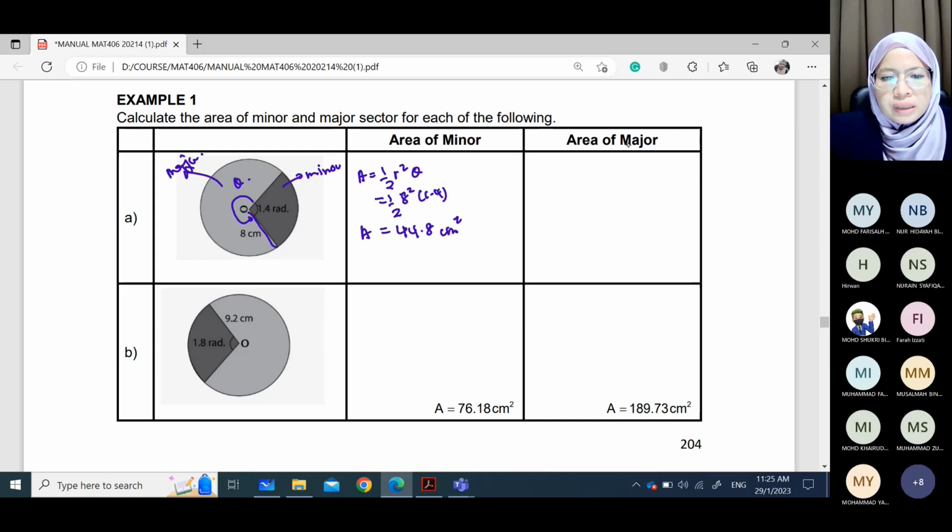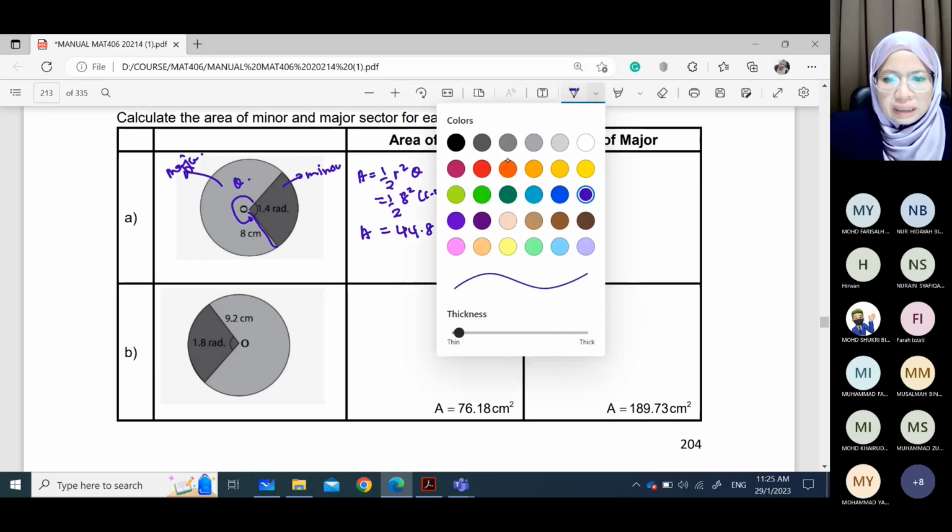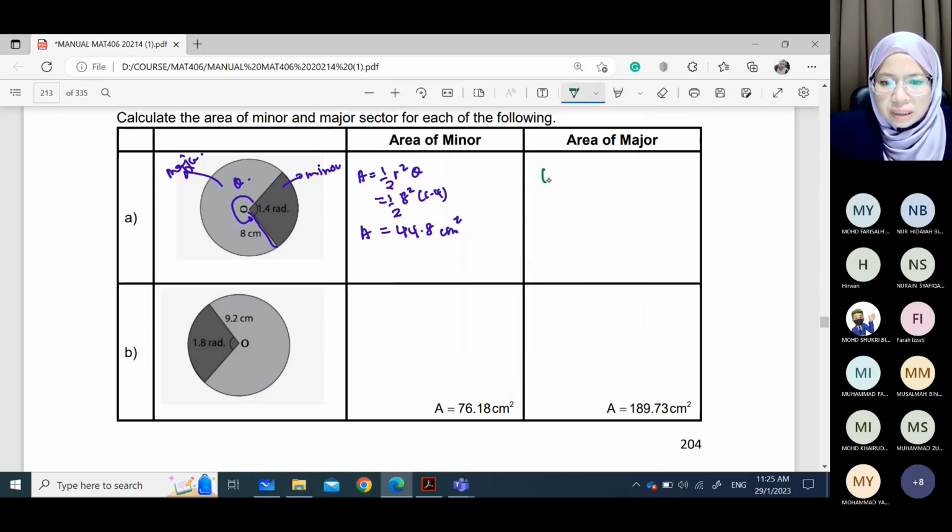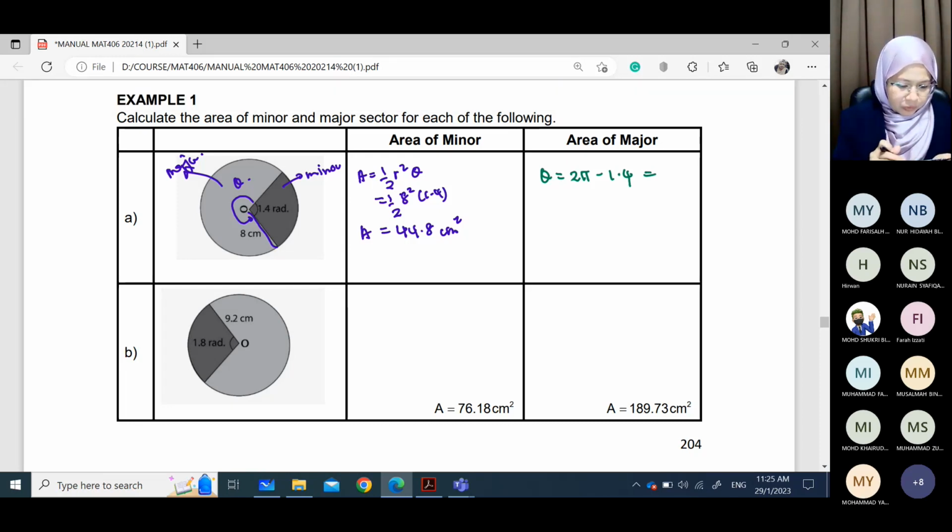Okay, so untuk area of major, kita kena cari angle bagi major. Major angle is 2 pi minus 1.4 radian. Okay, so 2 pi tolakkan dengan 1.4. So angle bagi major sector is 4.88.